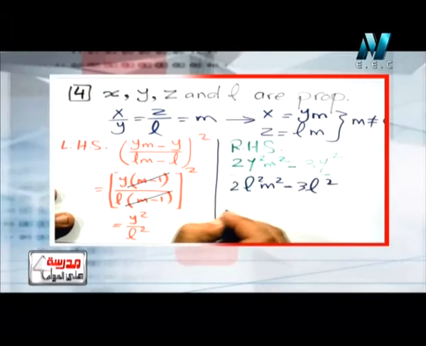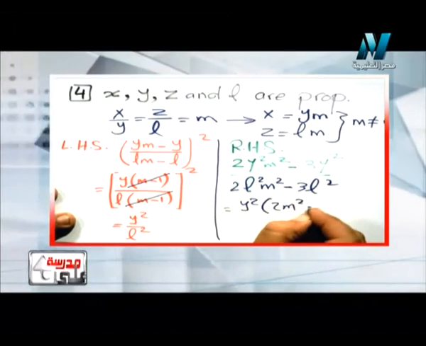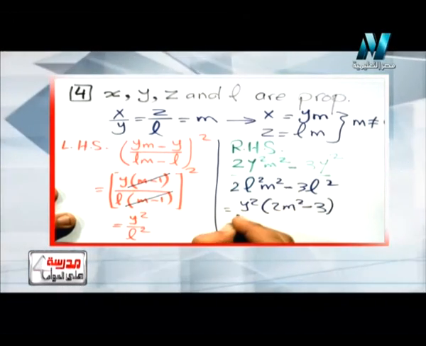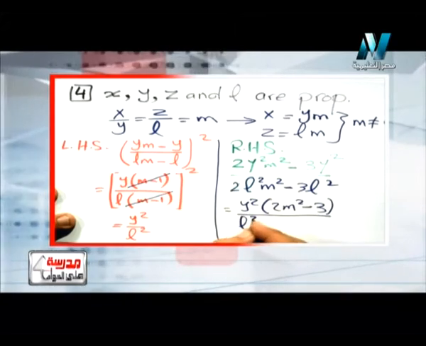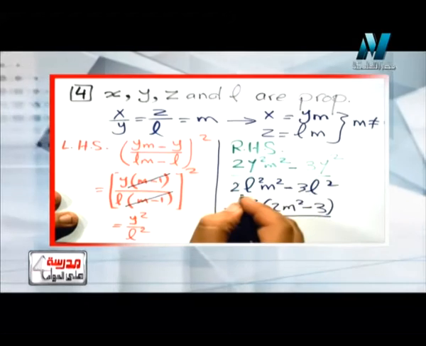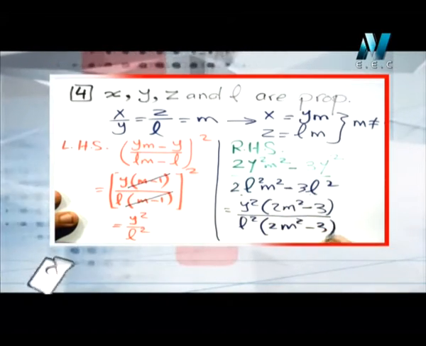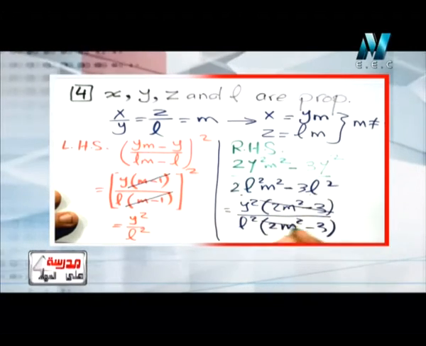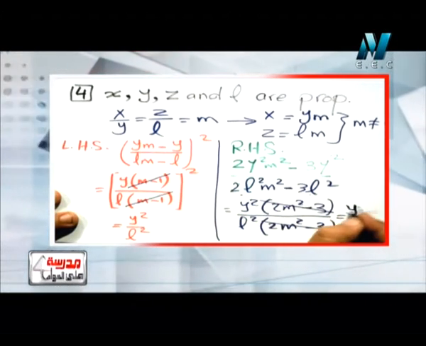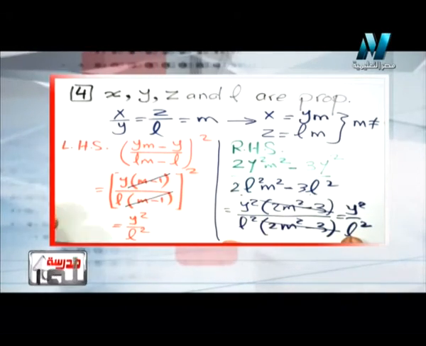So I'm going to write this as y squared times (2m squared minus 3) over l squared times a common factor here for these two terms, which is l squared. So we have here 2m squared minus 3, and I'm going to simplify these two factors. So the answer will be y squared over l squared. So the left-hand side is the same as the right-hand side.